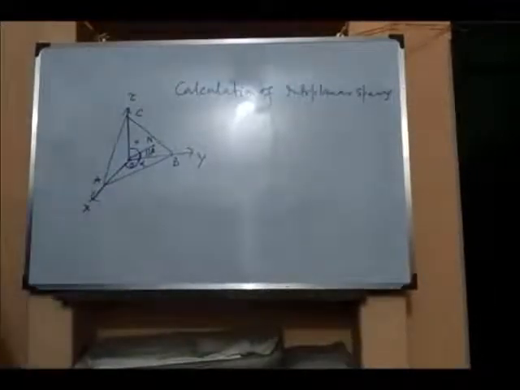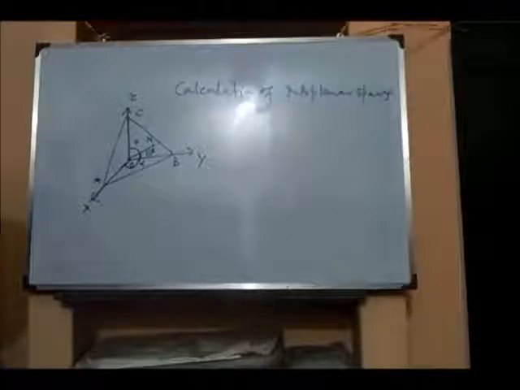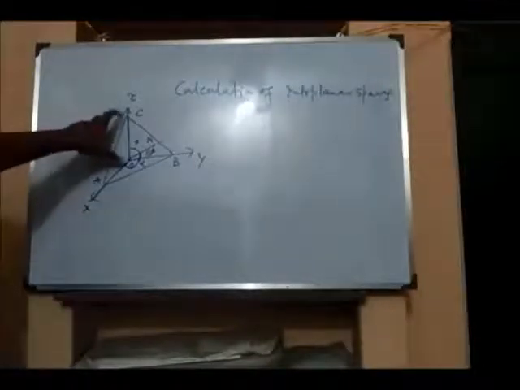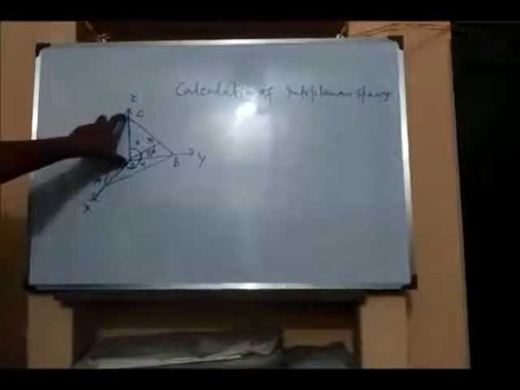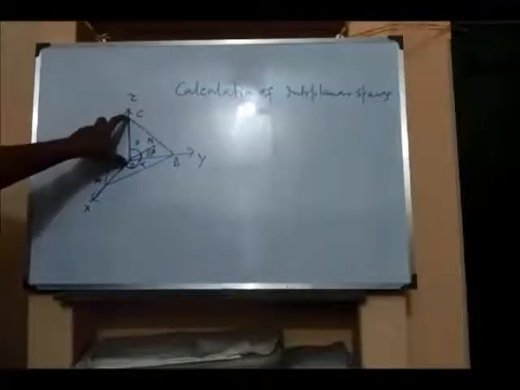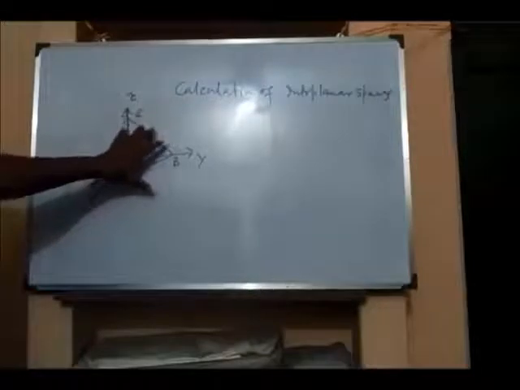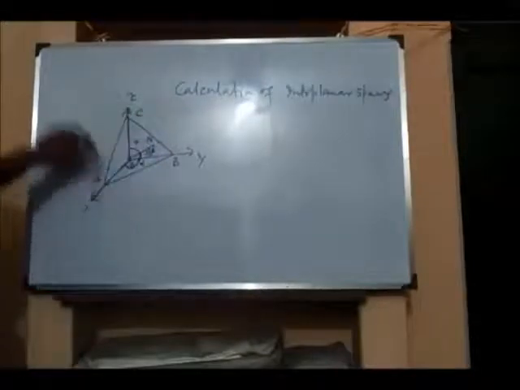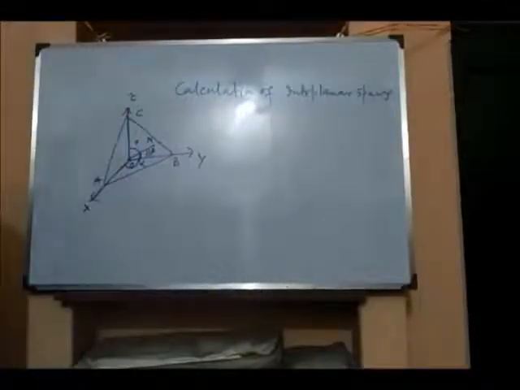Now we have to apply the condition of direction cosine here. And before we go for the direction cosine, what is the length of this distance, that is OC, if this plane intersects the three axes of a unit cell?